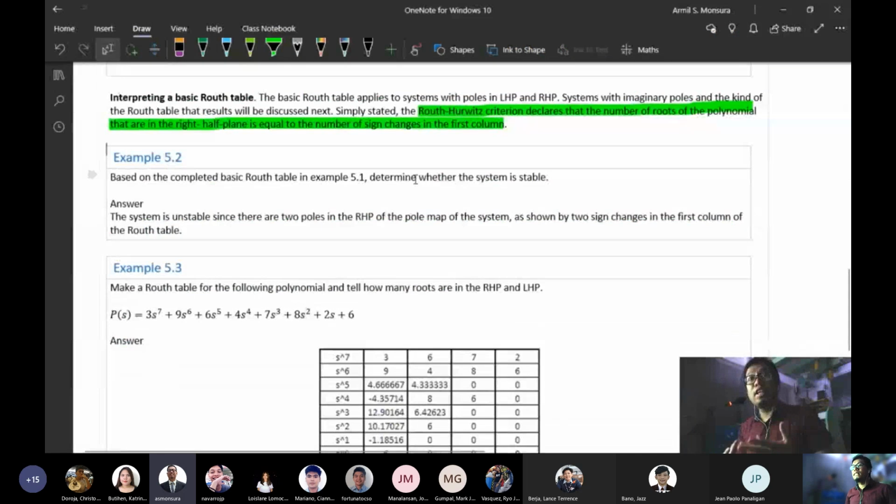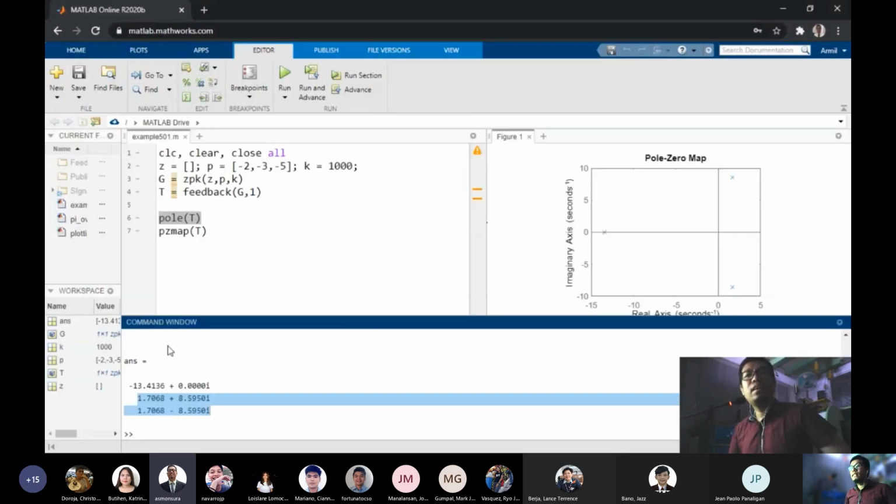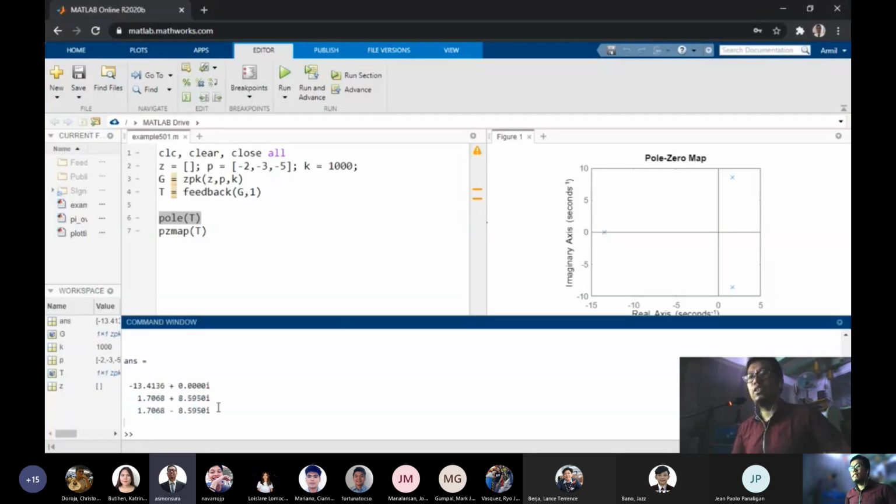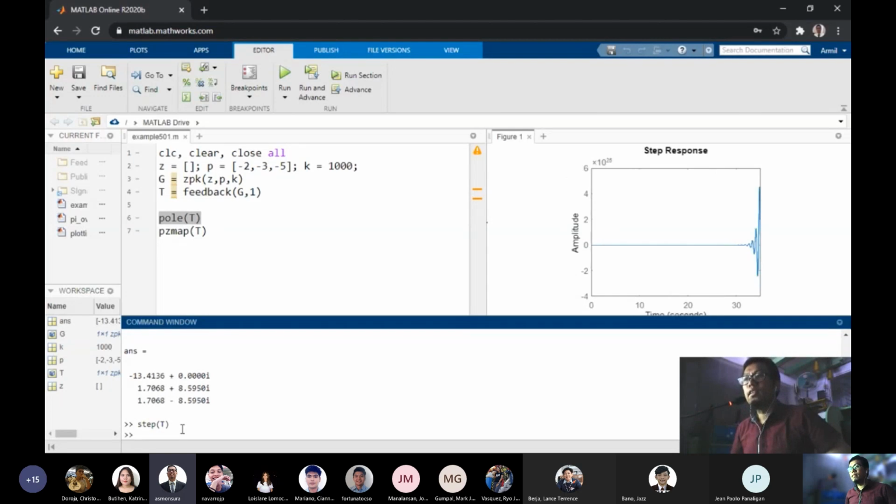So, ang conclusion natin ngayon is that your system is unstable. Okay. So, mabe-verify niyo yun kapag kinuha natin yung step response ng ating T. So, step T. Okay. Makikita natin na unstable siya kasi as your time progresses, makikita natin na lalaki siya.